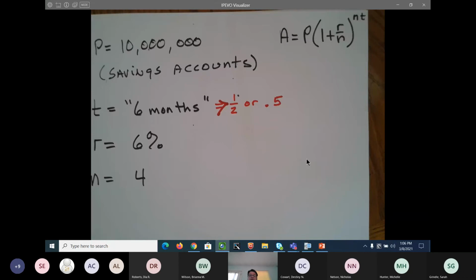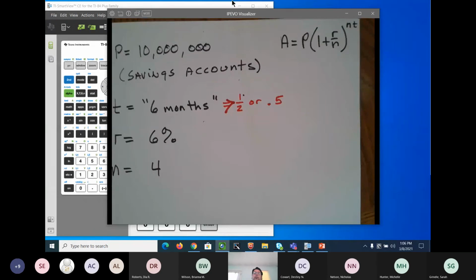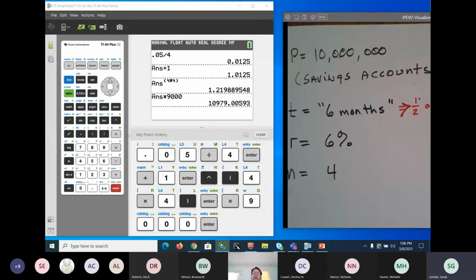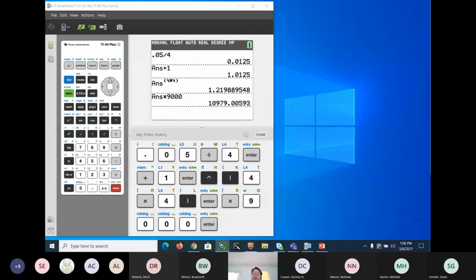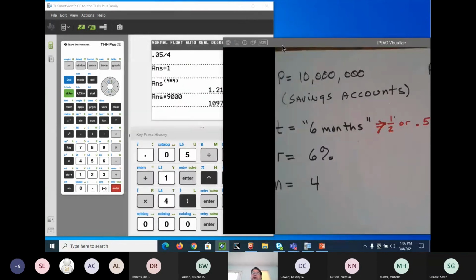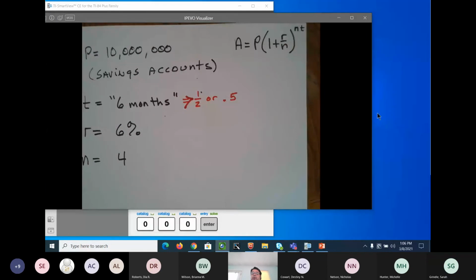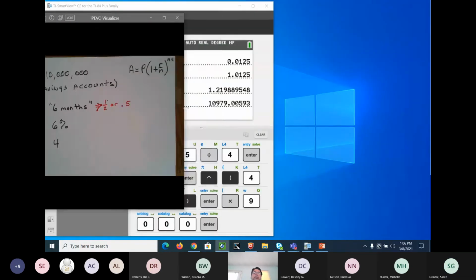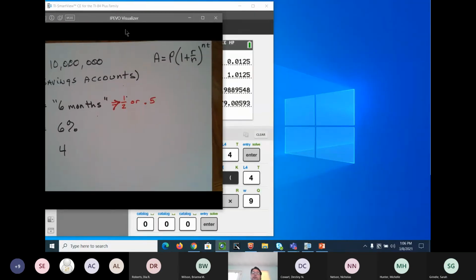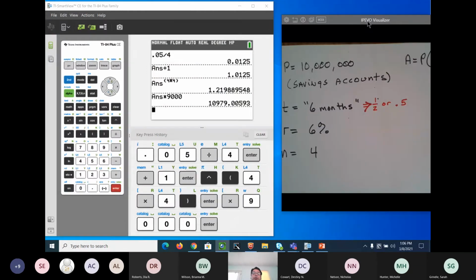Okay, so here we go with the calculator. Hold on a second. I got to fix this to where it won't go all over the place. There. All right, so I'm going to clear this.